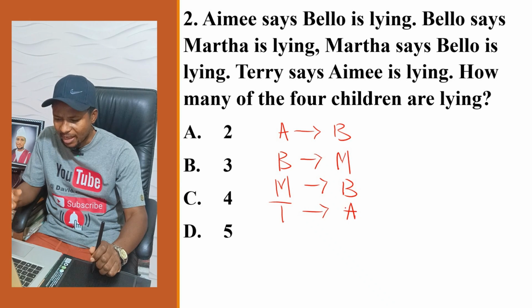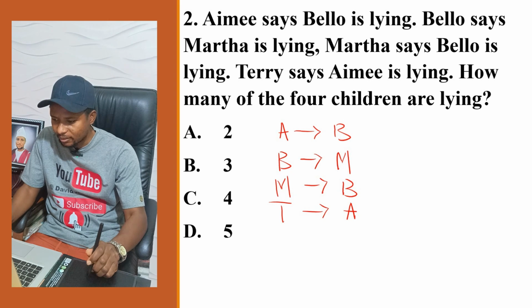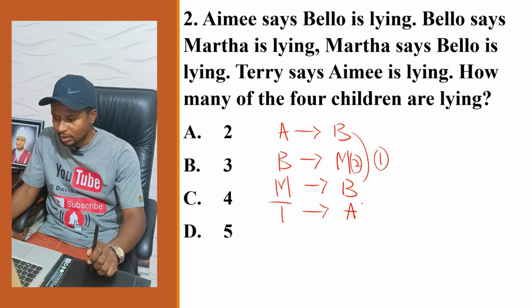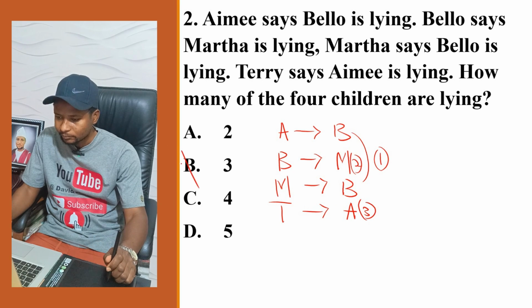So the question is, how many of the 4 children are lying? Take note, there's a trap. We have Bello repeating. So you count it as 1. Martha as 2. And then Ami as 3. So these are the 3 people that are lying.